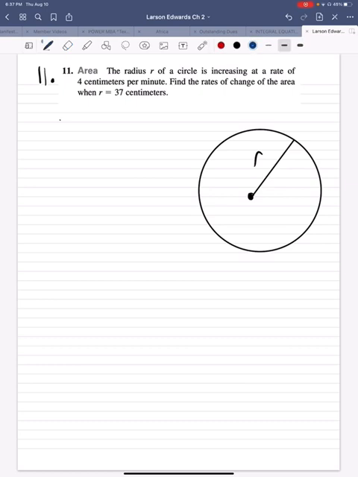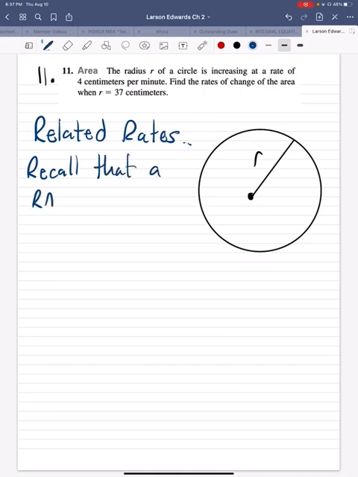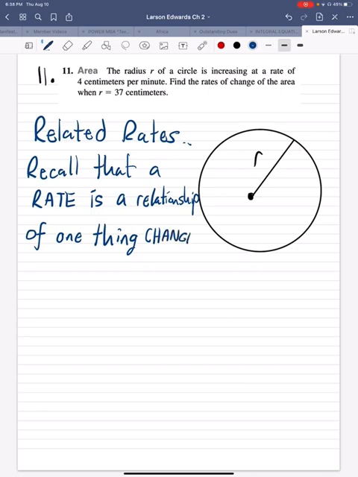So, one quick note on related rates. Remember that a rate is a relationship of one thing changing with respect to something else.